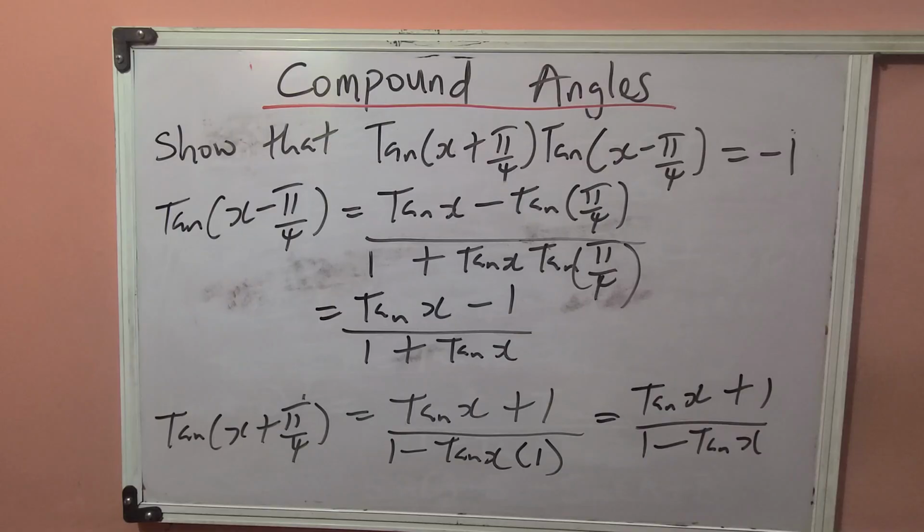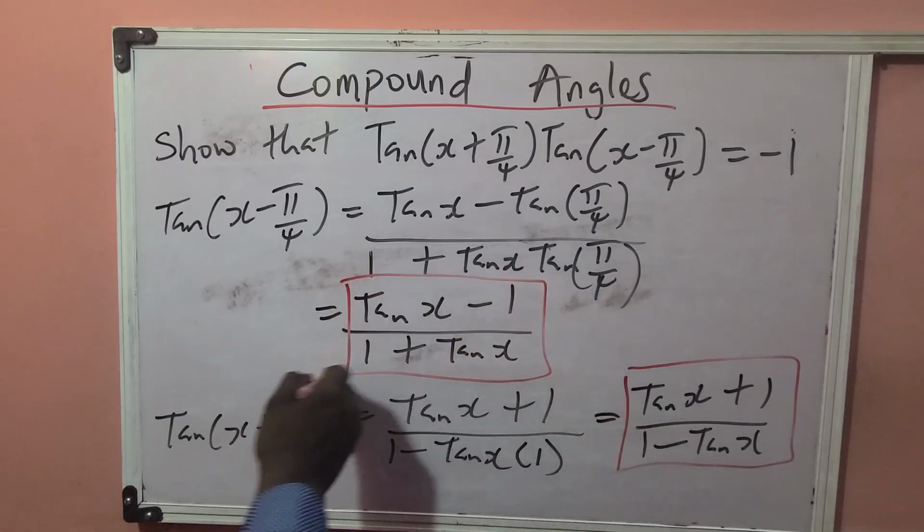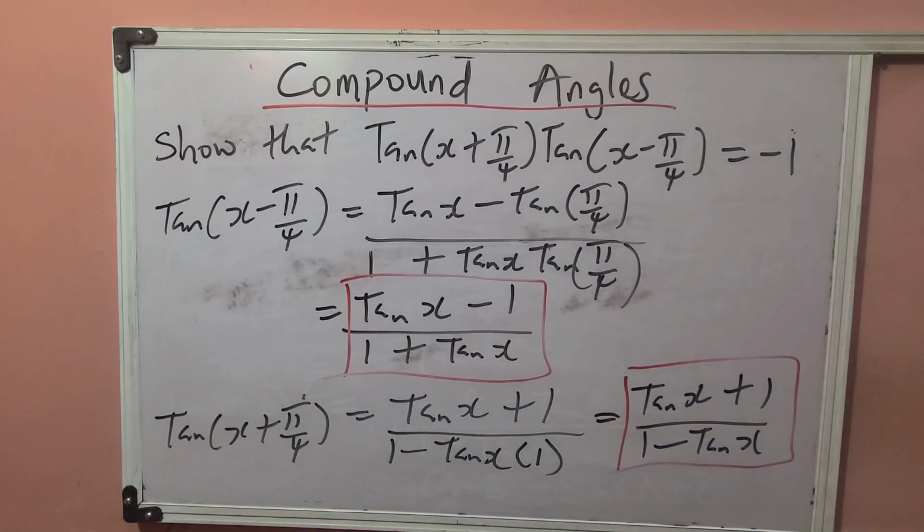So we're going to be multiplying these two values together. That is this value multiplied by this value. And let's see what we're going to arrive at.